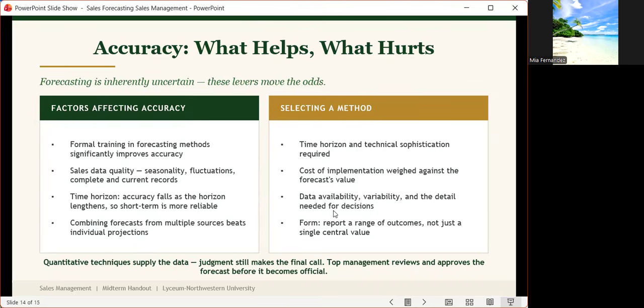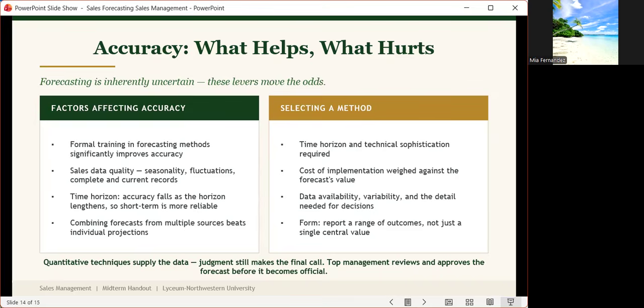Also, you have to check for data availability. You can get accurate forecasts if the recent or current data is available. And of course, report a range of outcomes, not just a single central value, so that decision makers can see the risk.